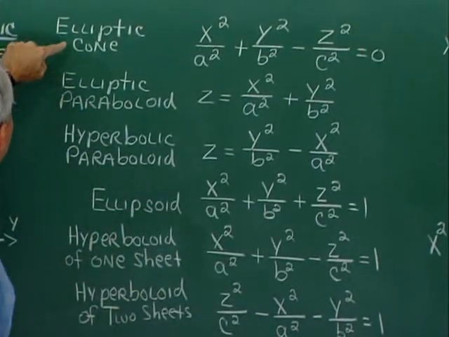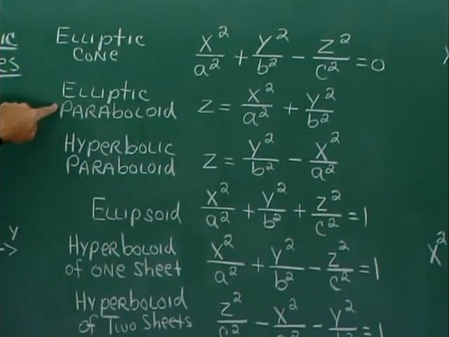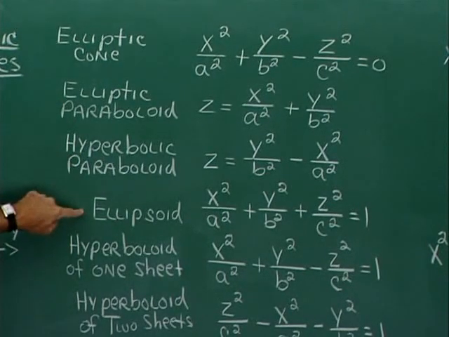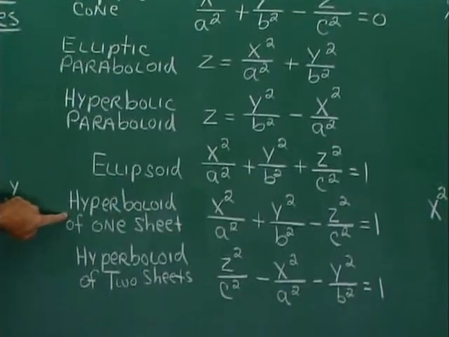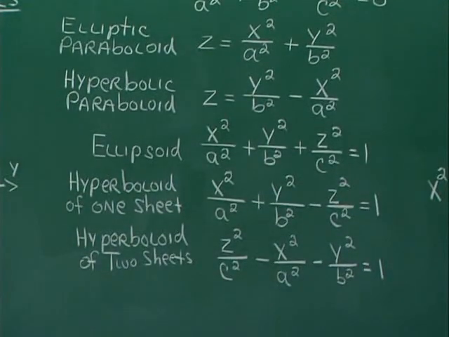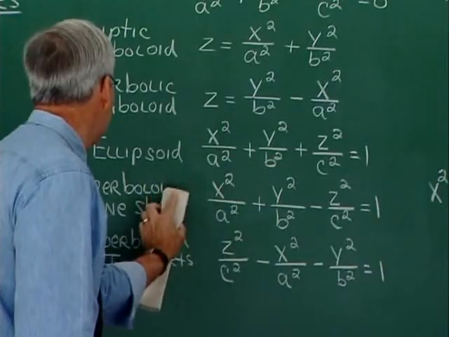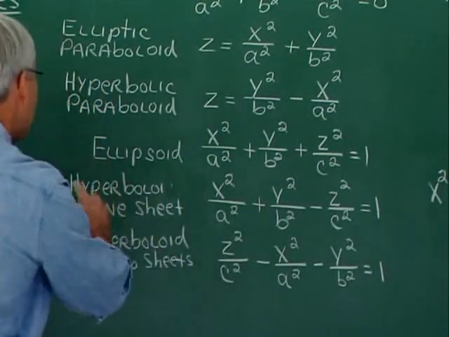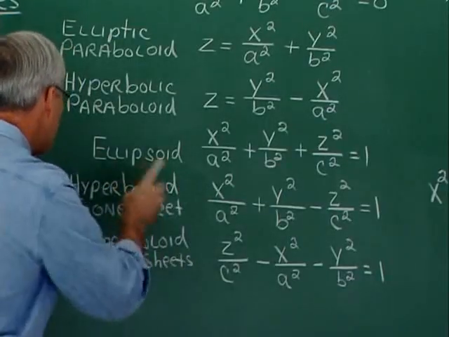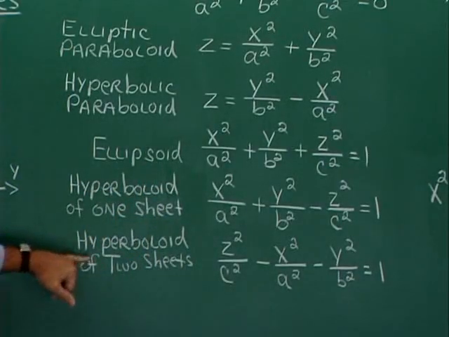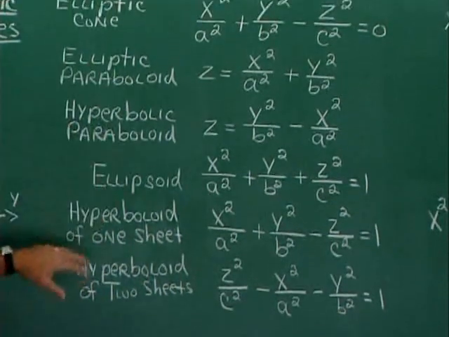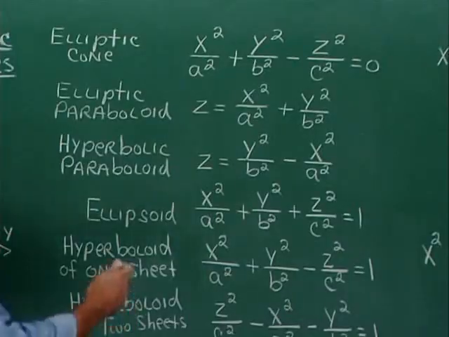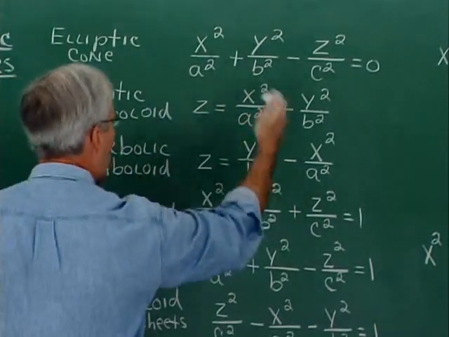Look at these names: elliptic cone, elliptic paraboloid, hyperbolic paraboloid, ellipsoid, hyperboloid of one sheet and hyperboloid of two sheets. The diagrams for these are in your textbook. I'm not even going to take a shot at drawing them. We want to look, though, at the associated equations of them.